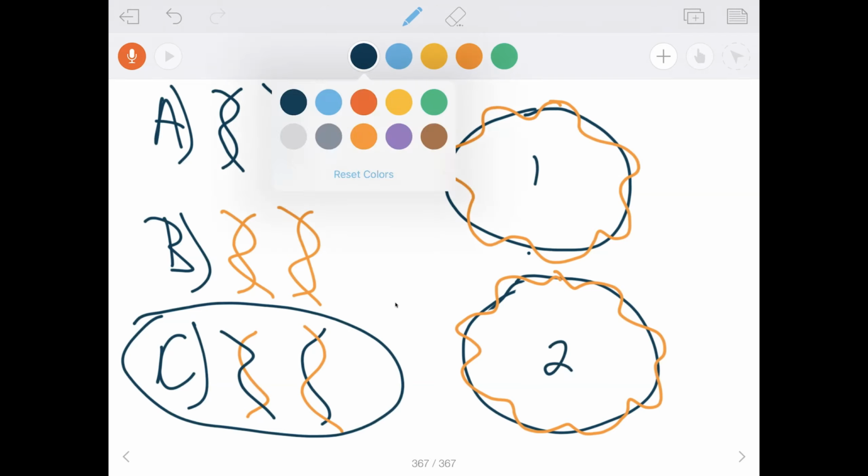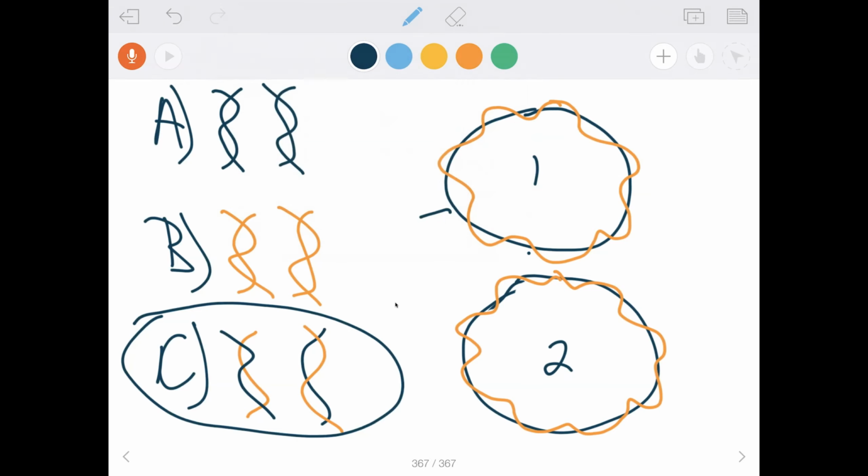They have one original strand and one new one. One new strand, one original strand. This is referred to as semi-conservative replication. This is called semi-conservative DNA replication.